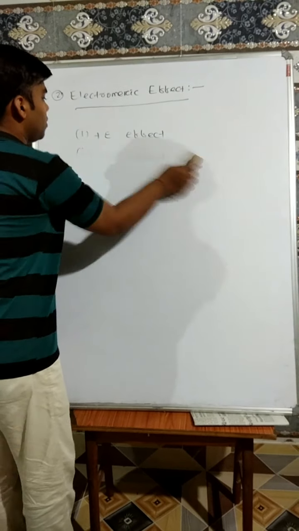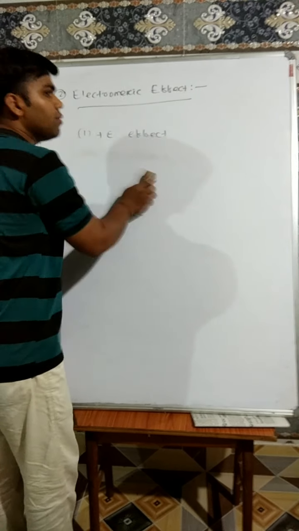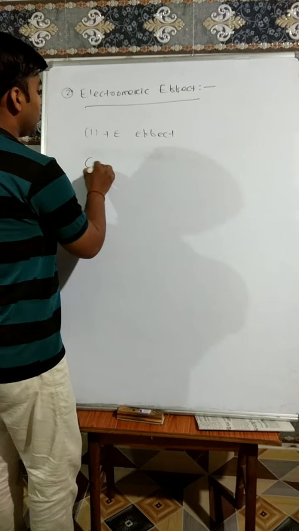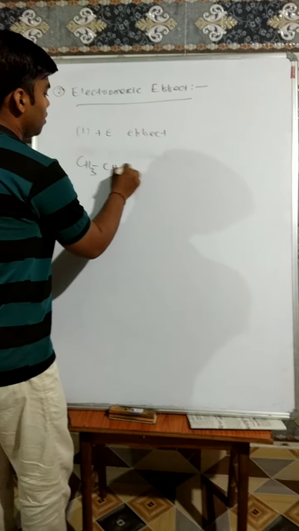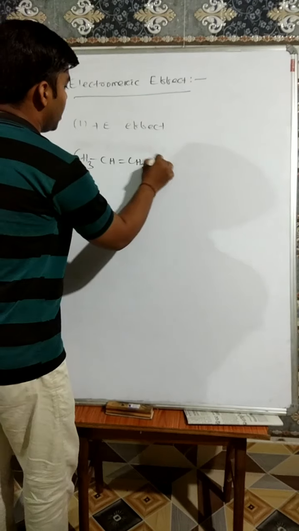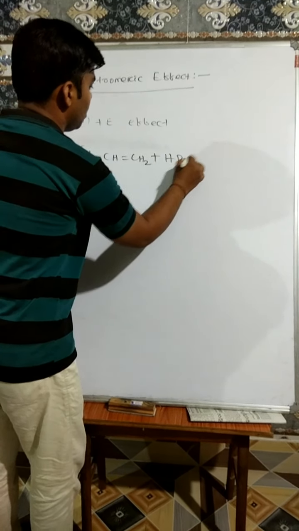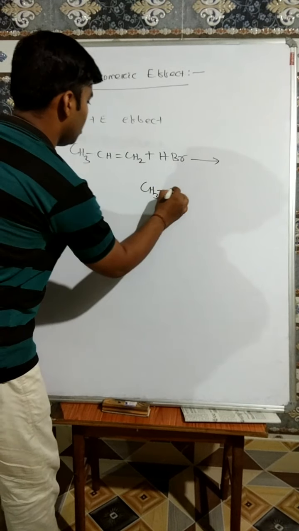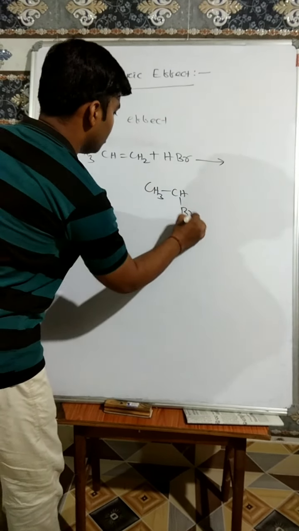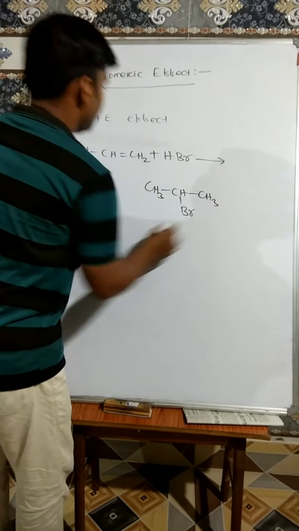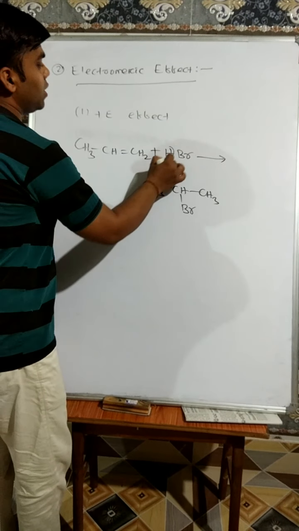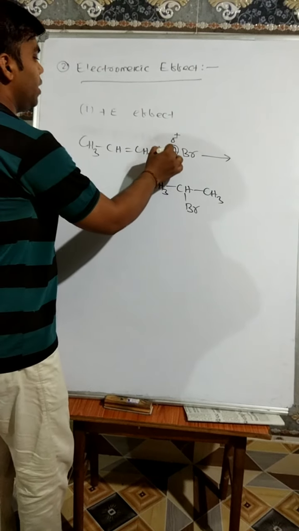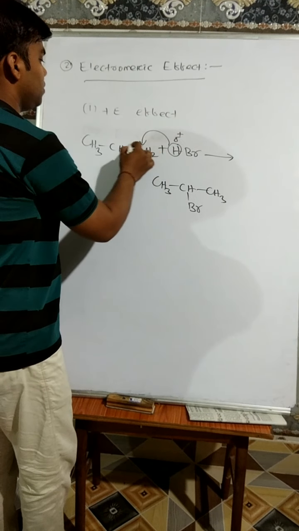Take an example for the plus E effect: when an unsymmetrical alkene, suppose propene, is added with HBr, the product 2-bromopropane is formed.